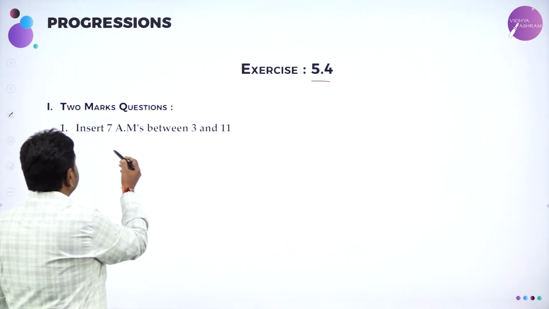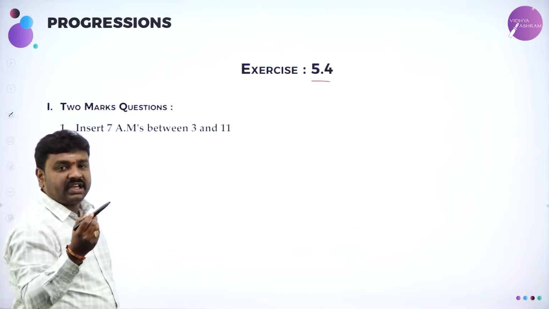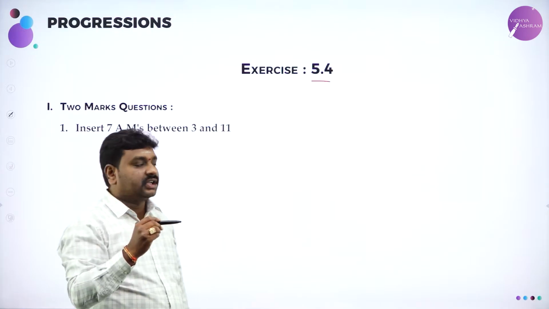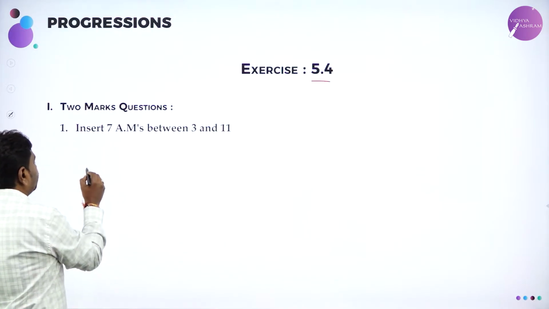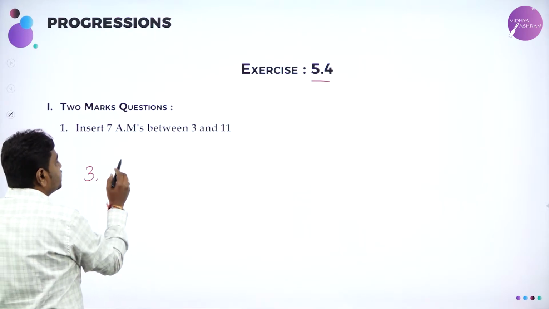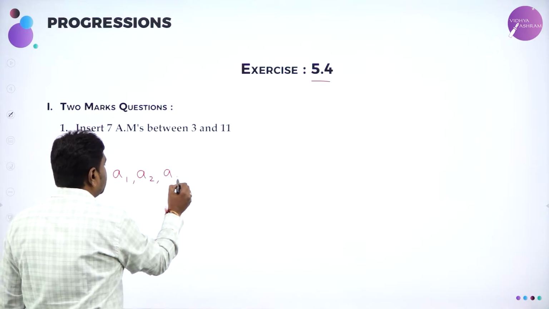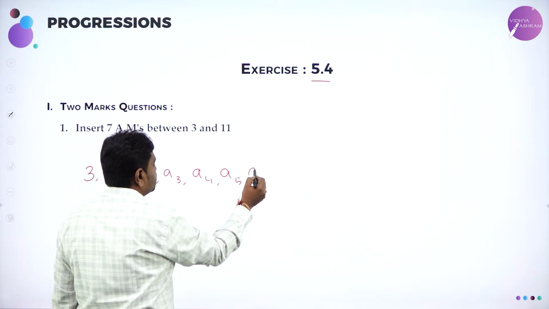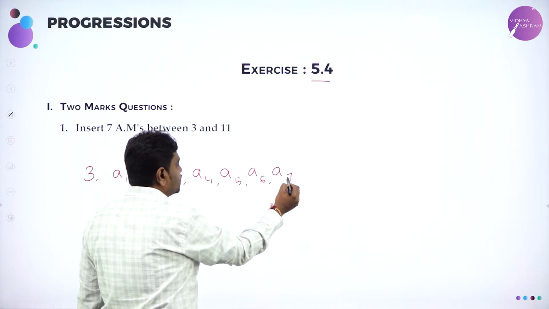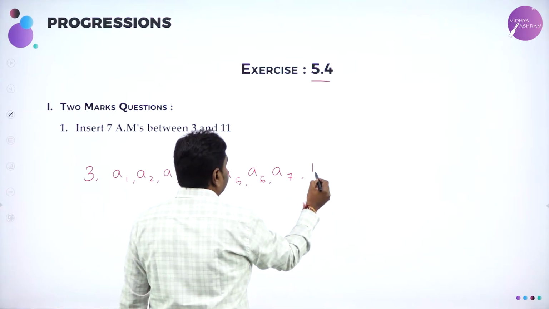So they want you to insert 7 arithmetic means between 3 and 11. Between 3 and 11, they want you to insert how many arithmetic means? 7 arithmetic means. See, simple. So the first number is 3, then I'll insert 7 numbers: A1, A2, A3, A4, A5, A6, then A7. 7 arithmetic means I have introduced, and 11.